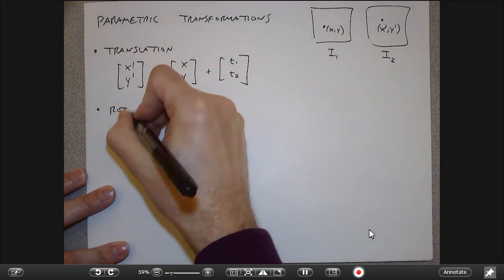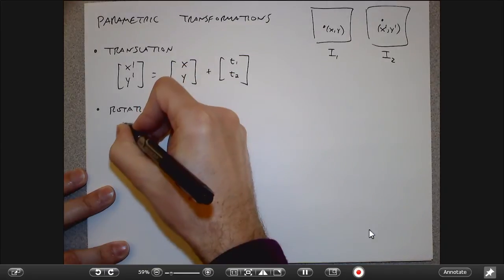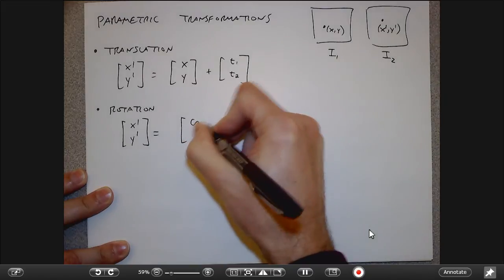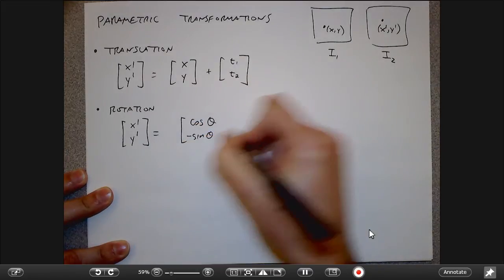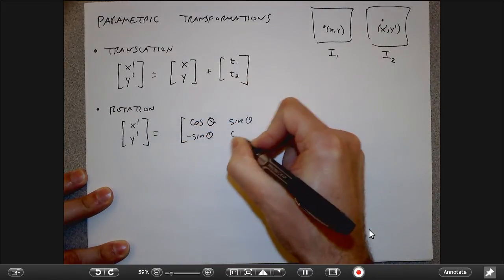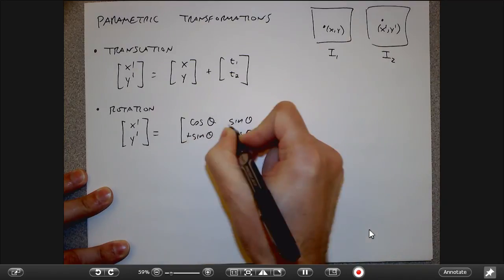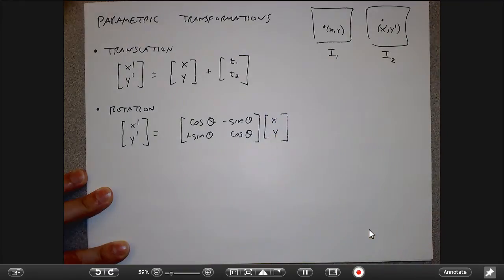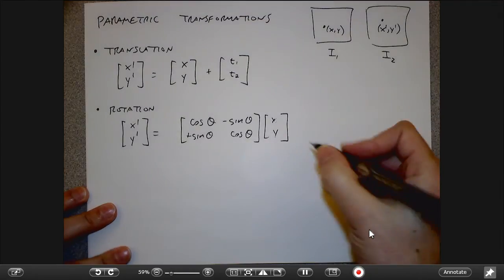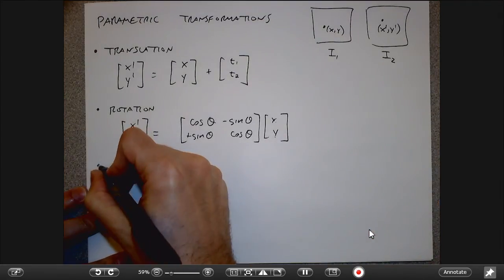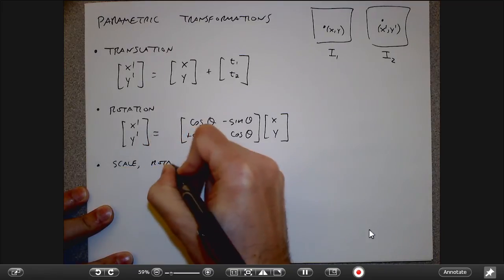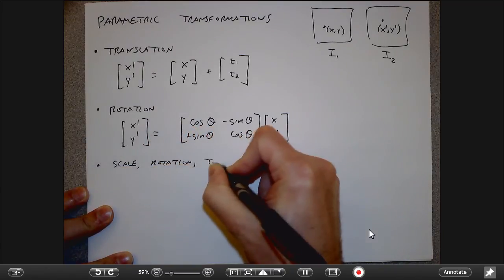Rotation is when I have an angle theta, and rotation is going to take the image and rotate it by theta degrees. And of course, if I also wanted to, I could add in scale, rotation, and translation.